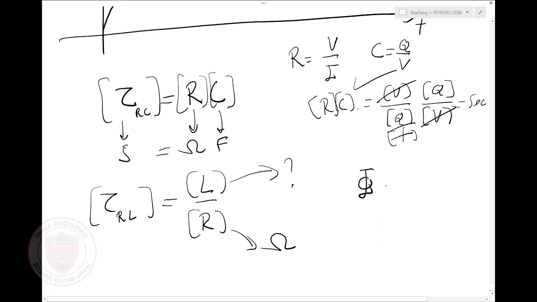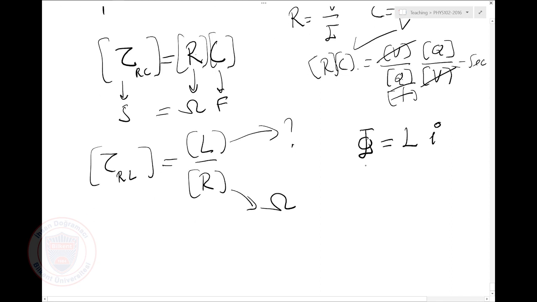I said flux phi is L times I. So what's the unit of magnetic flux? Well, this is B times A, so it must be meter square times Tesla. I think that's a very unfortunate choice, but even that gets a special name. Meter square times Tesla is called a Weber.